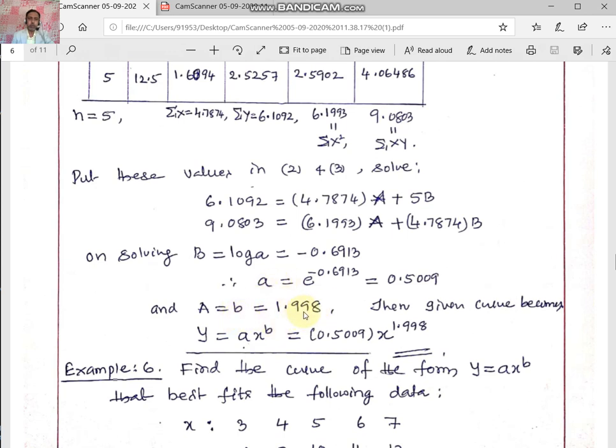Substitute these two constants in the equation y = a x^b, that equals 0.5009 x^1.998. This becomes the best approximation to the given data in the form y = a x^b.